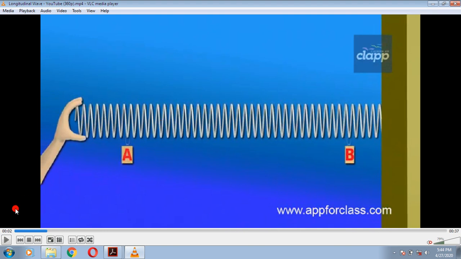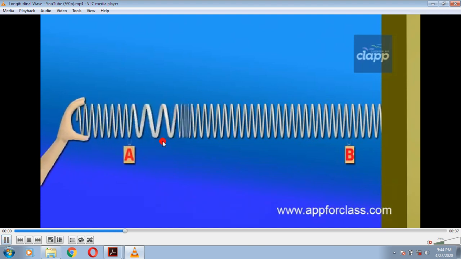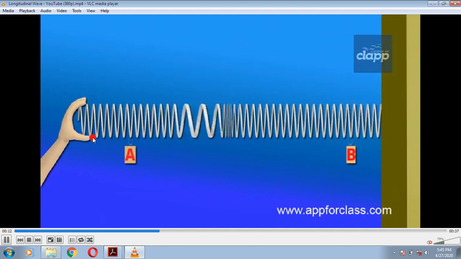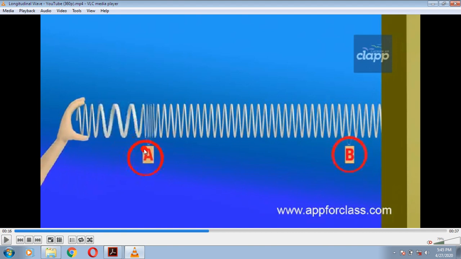So when we create a disturbance, when we push the spring towards the right, when we compress the spring towards the right, then what happens? Let us see. Here if we compress the spring and then release, that compression, that disturbance, propagates through the spring, through the material, from left hand to right hand.